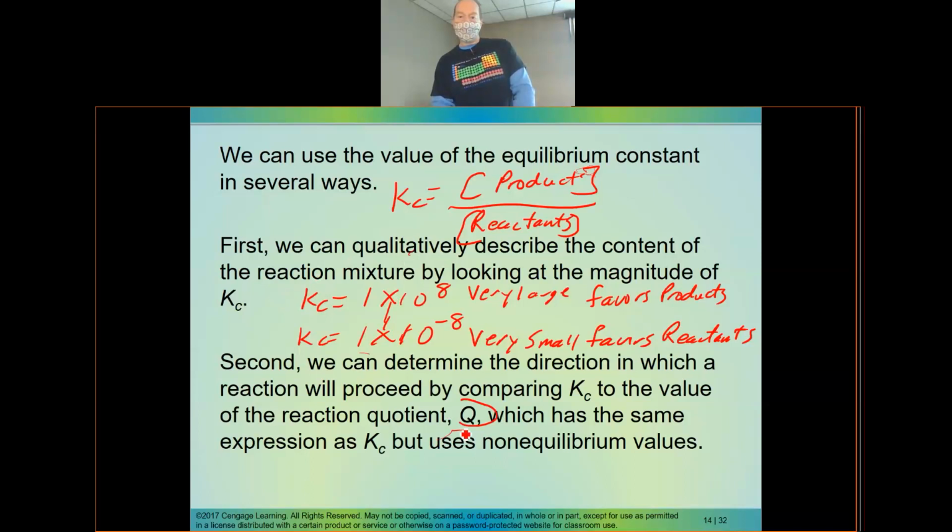It's the same expression, the products over reactants, but it is not at equilibrium. So K is at equilibrium. Q is not at equilibrium. And we will do our Qc versus Kc and determine which direction the reaction goes tomorrow.